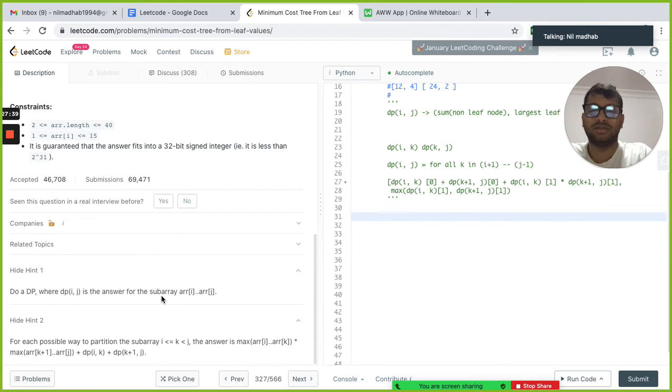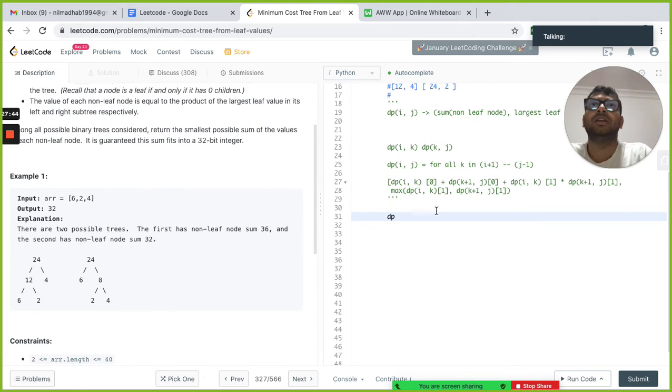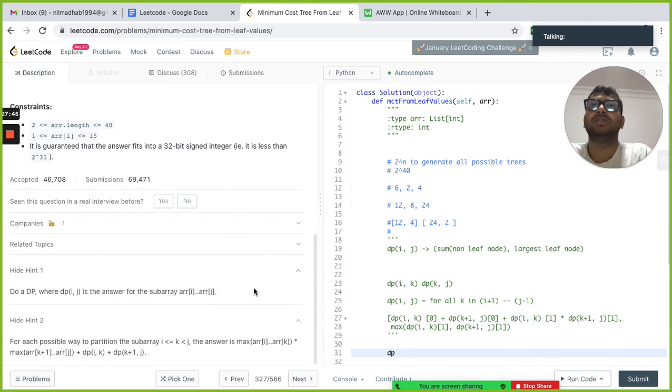So let's initialize dp equal to 0 for i in range of length of array, and for j in range of length of array, we have made a 2D array.